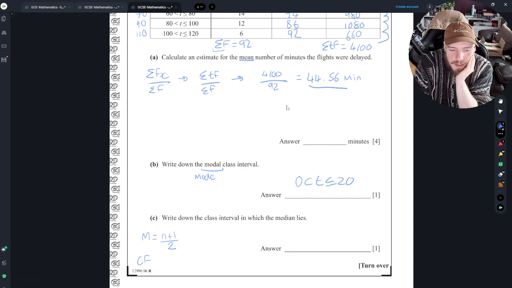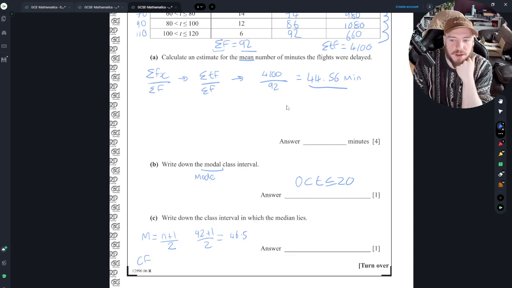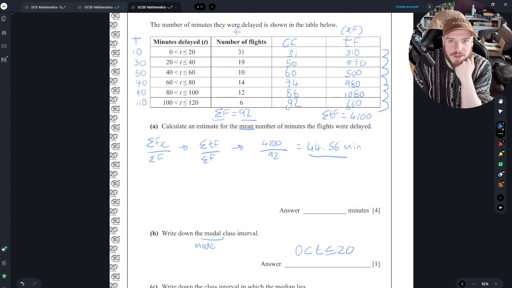In this case, n is our total number of flights, which is just our sum of f, our total frequency. So it'll be 92 plus 1 divided by 2, which gives us 93 divided by 2. 93 divided by 2 is just 46.5. So we'll be looking for the 46.5th value in our cumulative frequency table.